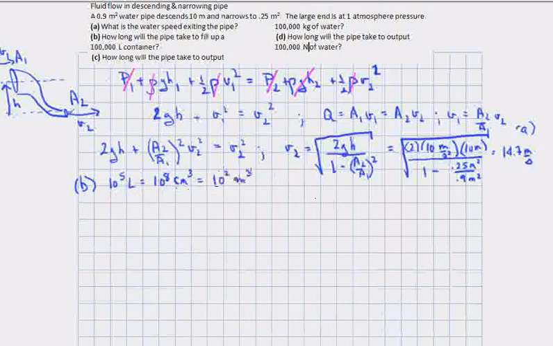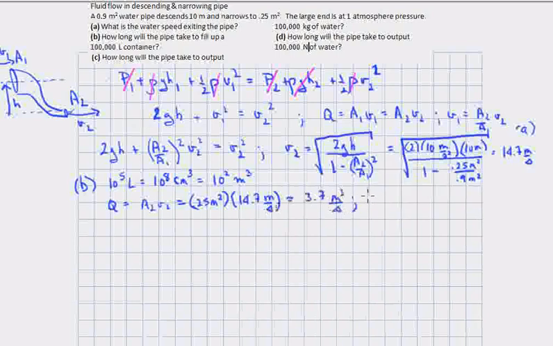And so to figure out how long it takes to fill this volume, let's figure out what Q is first. So Q, that's the volume flow, equal to A2 times V2. Since I've already solved for V2, it makes sense to use that one rather than A1 times V1. And that's going to be equal to 0.25 square meters times the velocity that we just calculated, 14.7 meters per second. And that gives me roughly 3.7 cubic meters per second.